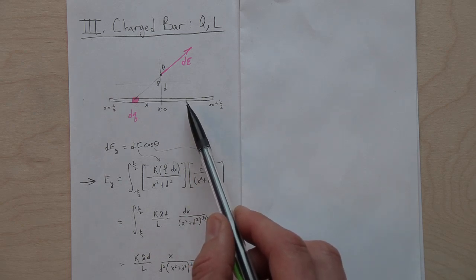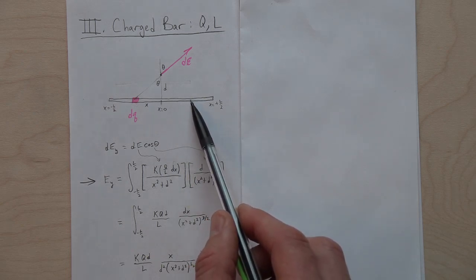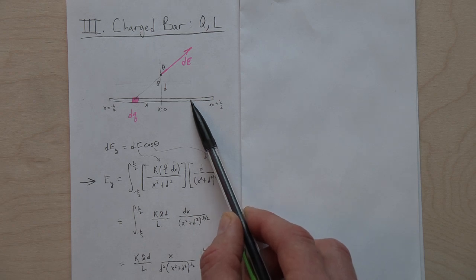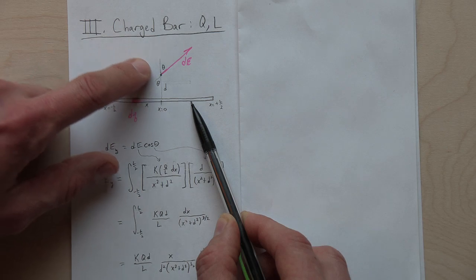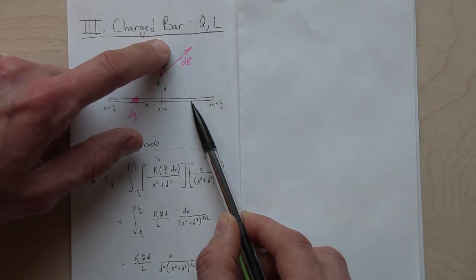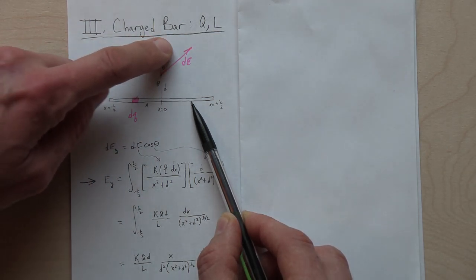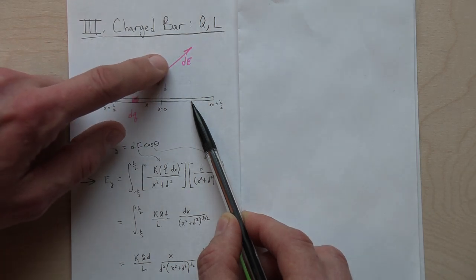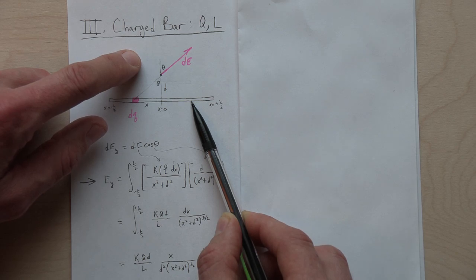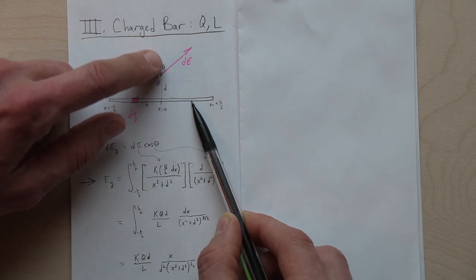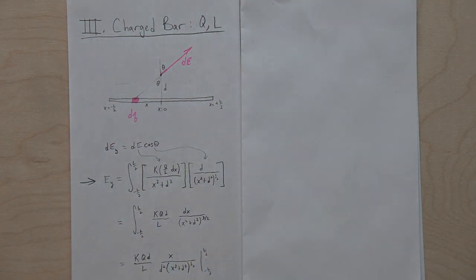So at some point in our integral, we're going to be adding the contributions of the piece over here, which creates an electric field up at an angle like this. So once again, the x components cancel. We have a rightward component here and a leftward component here. The only thing that survives is the upward, or y, component.